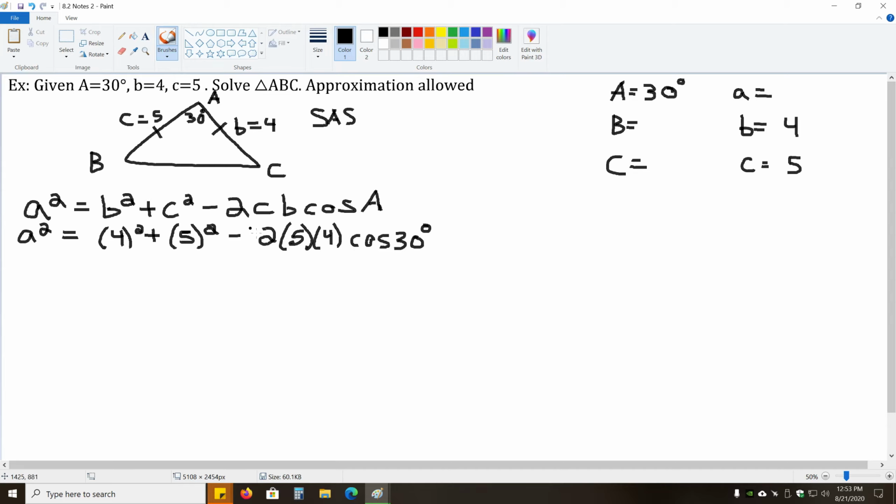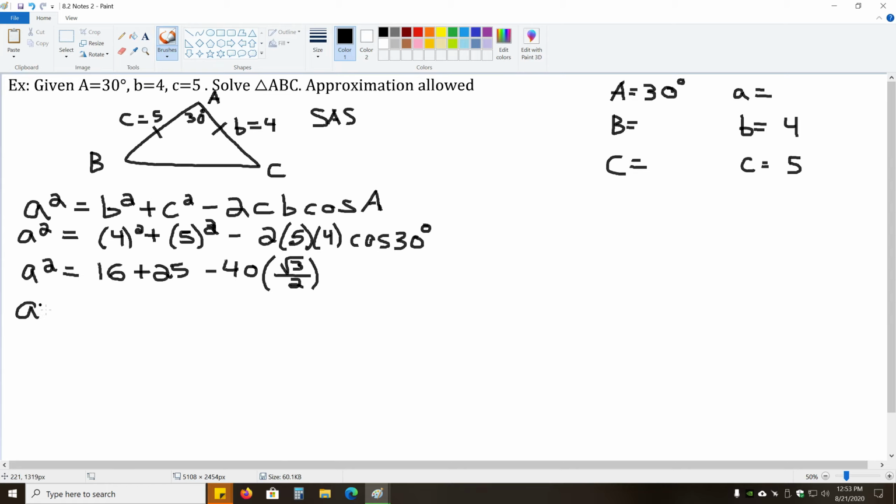And at this point, I know you must be thinking, well, we don't actually need to approximate at this because we know cosine of 30 degrees. And I'm going to take this a few extra steps just to show that approximation will actually be required here. So we get A squared equals 4 squared is 16, plus 5 squared is 25, minus 2 times 5 is 10, times 4 gives us minus 40, times cosine of 30 is the square root of 3 over 2.